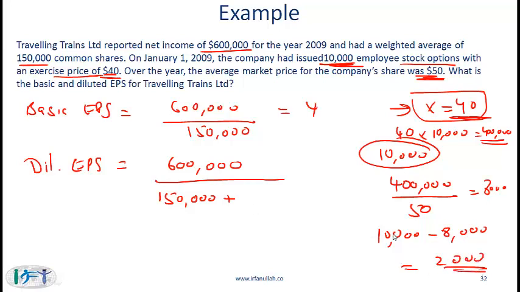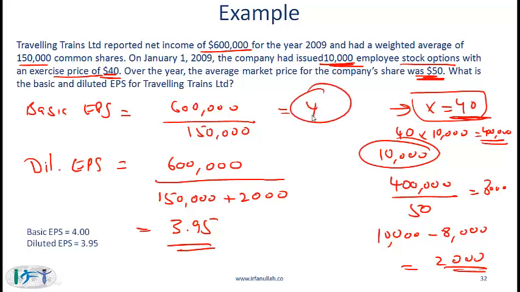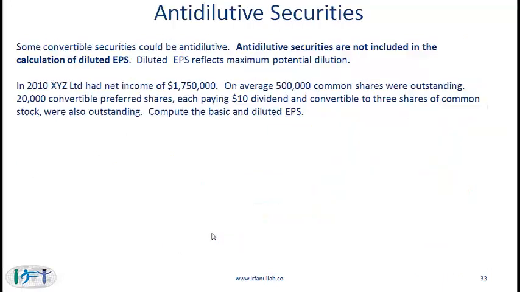So overall impact is that 2,000 new shares were issued. That's the net effect. So we add 2,000 over here and we compute the diluted EPS. The answer is 3.95. Here again, notice that there is dilution taking place. The basic EPS was 4 and the diluted EPS is 3.95.